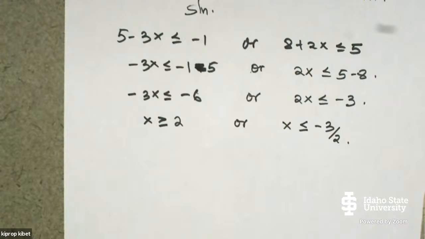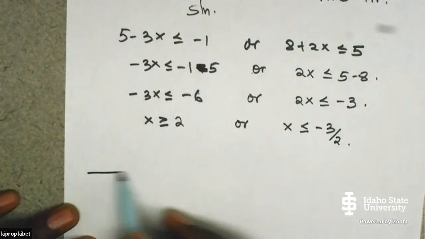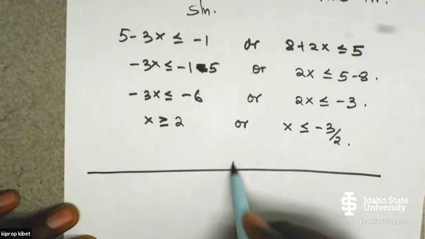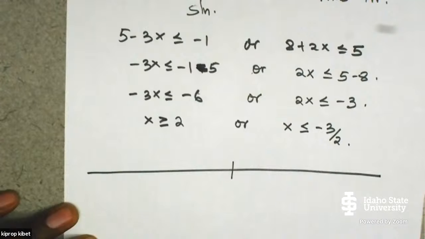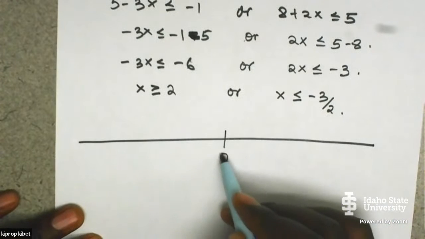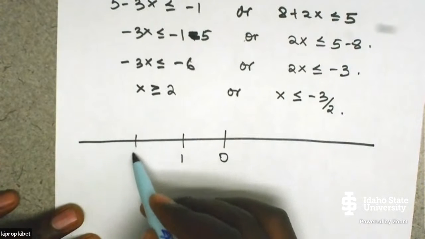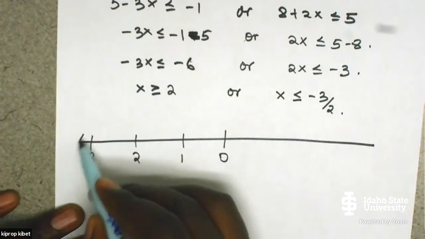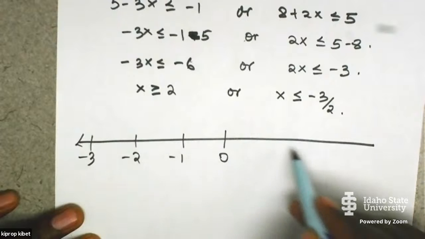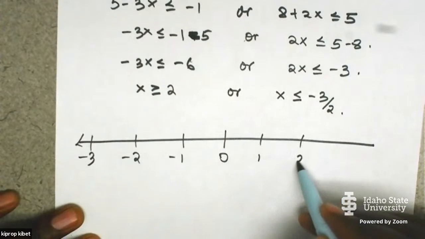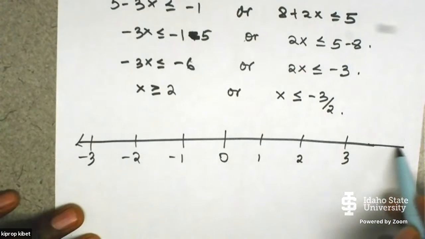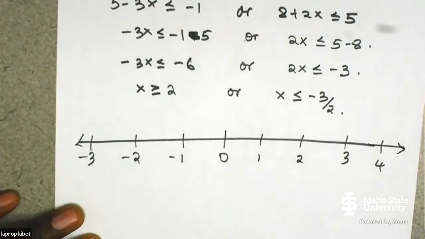Now represent this in a graph. You can draw one, or you can draw all three of them. So you can say 0, 1, 2, 3, maybe 4.